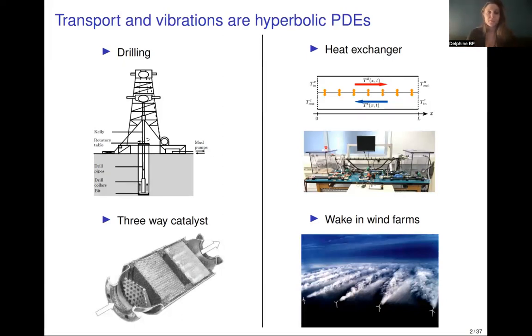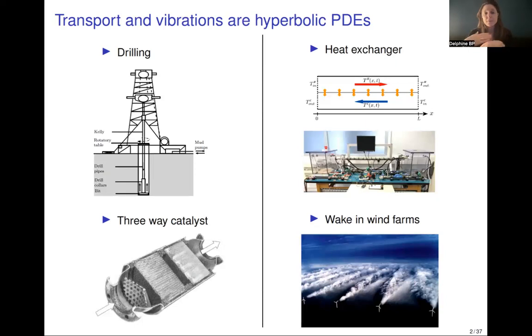The same happens in other contexts where you also have transportation of material and or vibration. Transportation of materials happens, for instance, also in catalysts, which is modeled on the bottom left of the slide. This is an example of a three-way catalyst, which is a catalyst used in gasoline engines in order to convert pollutants resulting from the combustion inside the chamber.